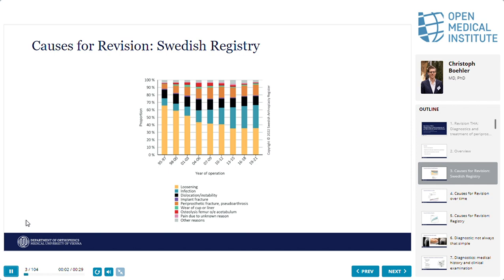So again, data from the Swedish registry, causes for revisions. What you see over time is that in the mid-90s, aseptic loosening because of the wear problem was the most significant reason for revision. Over time, infection became a more severe problem, and this is where we are now, and infections are still increasing.